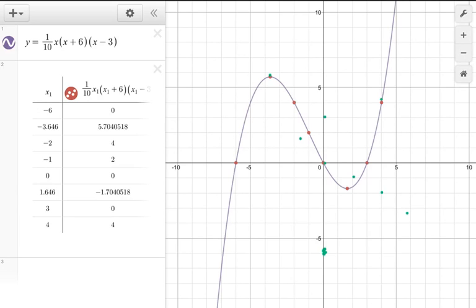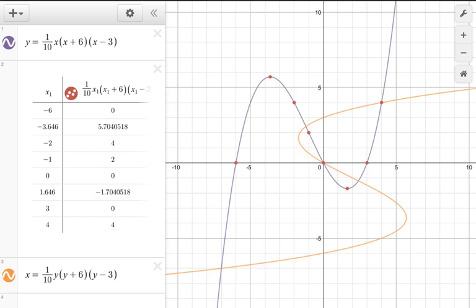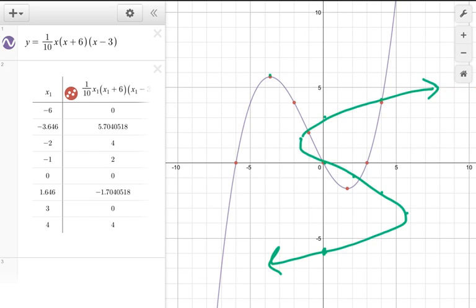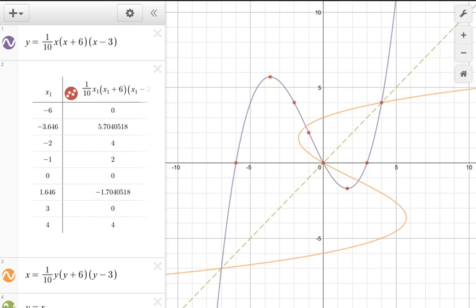So this gives me enough of a picture to start to sketch. Okay, and I can check my work here. That looks pretty great. And once again, just putting in that line y equals x, I can see that the points that were on the line y equals x don't go anywhere.